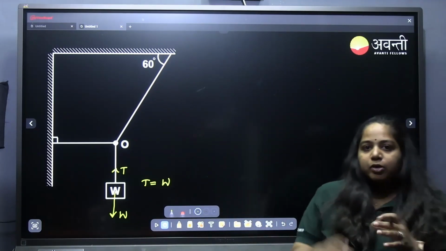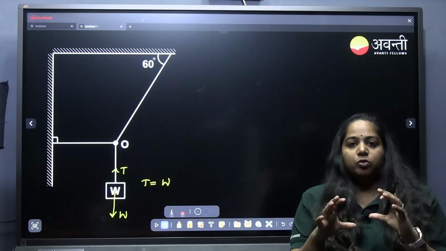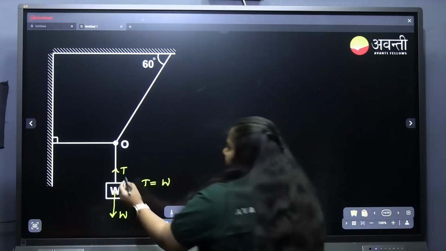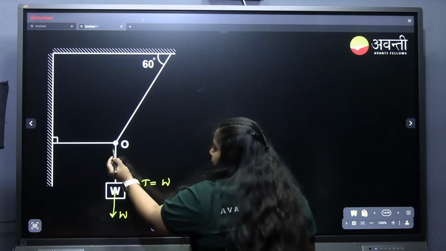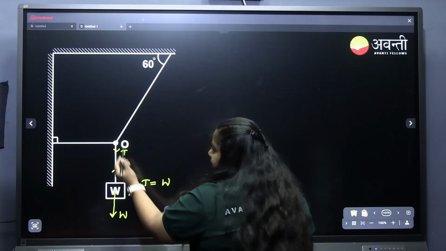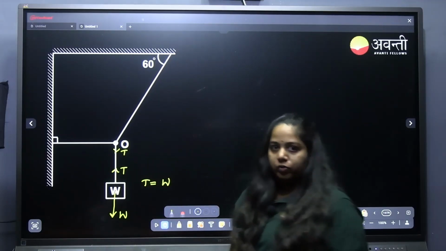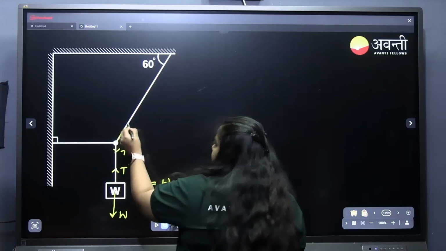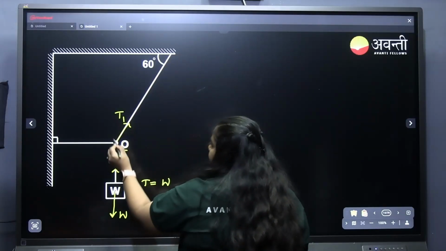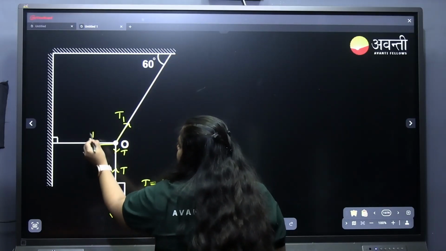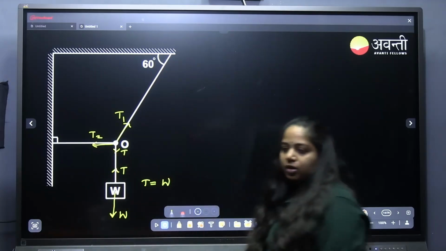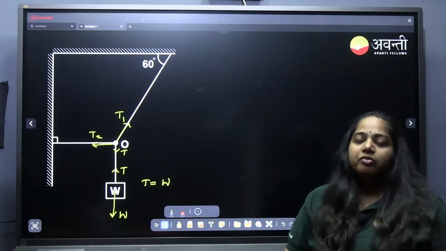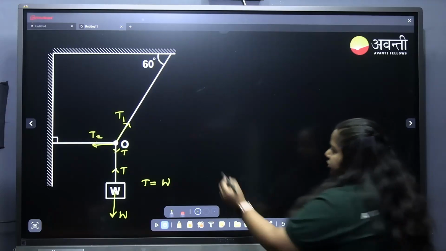Because it is in equilibrium, it is not moving, so tension should be equal to weight, right? And this rope is being pulled here, so here tension T is acting downwards. Now if we are assuming this is tension T1 and this is tension T2, at that point we have to find the resolution.